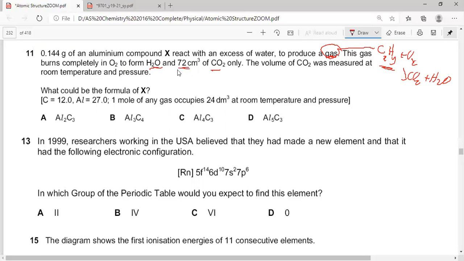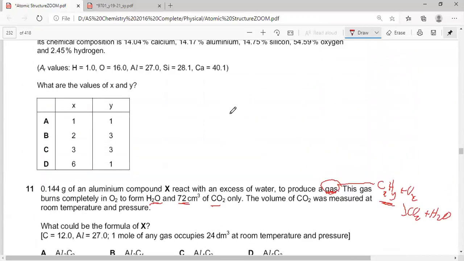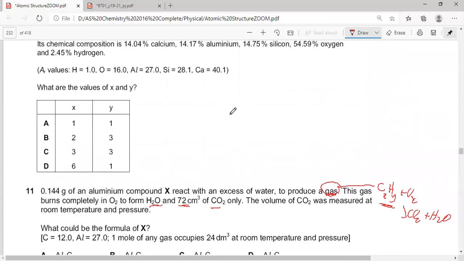Now what are some things you need to get from here? I'm going to do it up here, easier. The first thing, of course, is to put your aluminium compound first: aluminium X and carbon Y plus water.